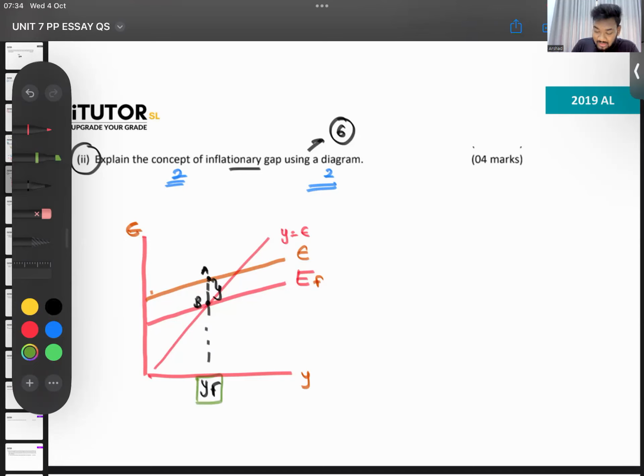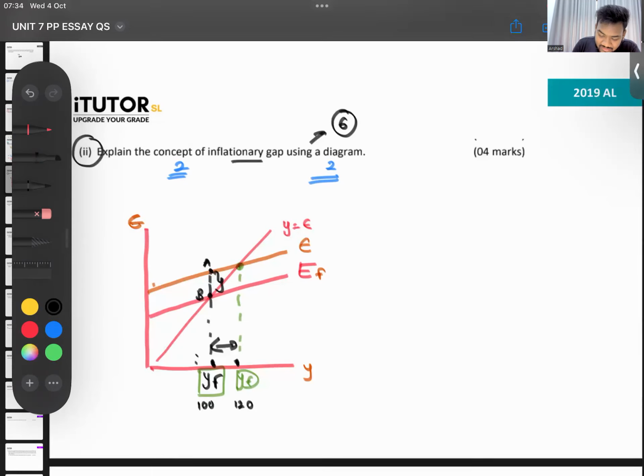But if you are at the E curve, you are at equilibrium over here. So your output should have been, for example, 100, but your equilibrium output is actually 120. Full employment is 100, but your equilibrium is at 120. So the gap between these two, right? You will just mark X and Y, or you can say YF and YE, no problem.